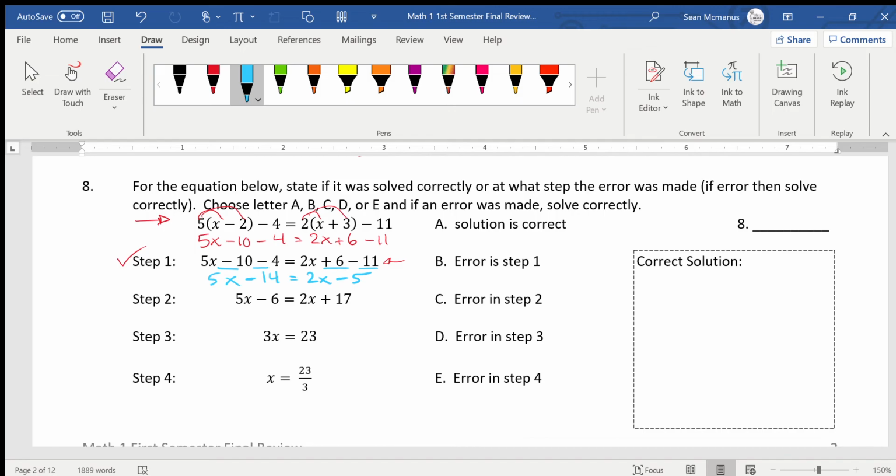So if I compare to what they have in step 2, right here and right here, they have different things, right? Because they did not keep the signs straight. So this is not correct. So this is where they made their mistake.